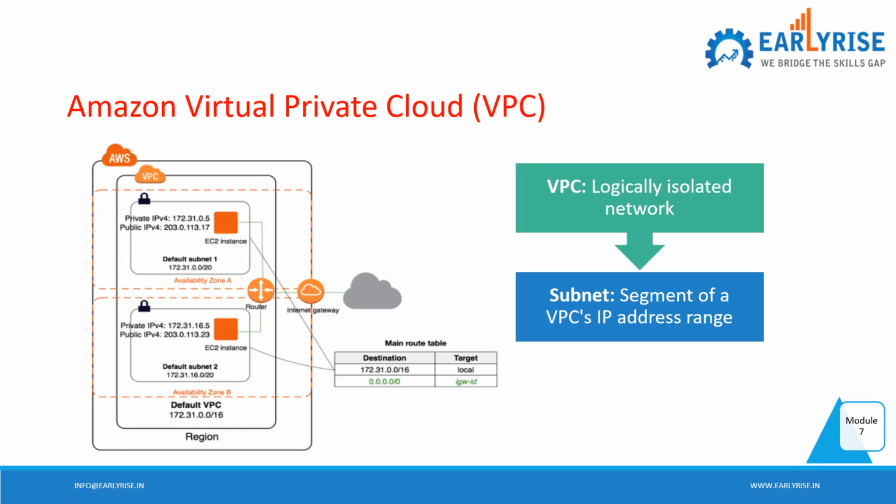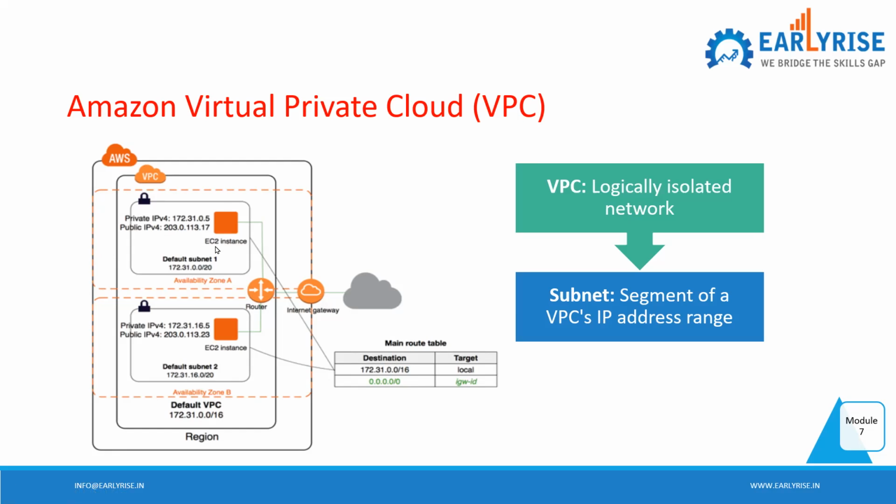When we launched our EC2 instance, we launched in a particular subnet. Let me remind you: when we were launching our instance, it was asking whether you want to launch it in 1A, 1B or 1C. Do you remember?